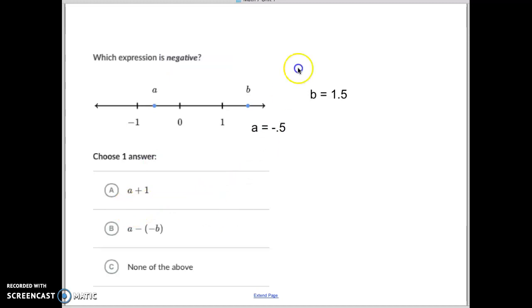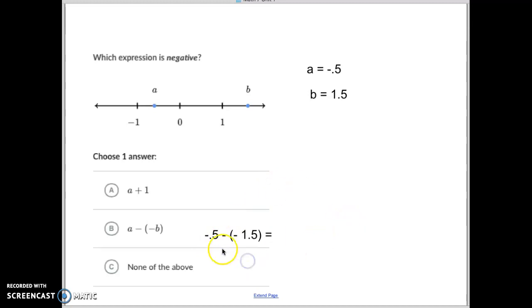What would negative 0.5 minus a negative B term be, and our B term is 1.5?